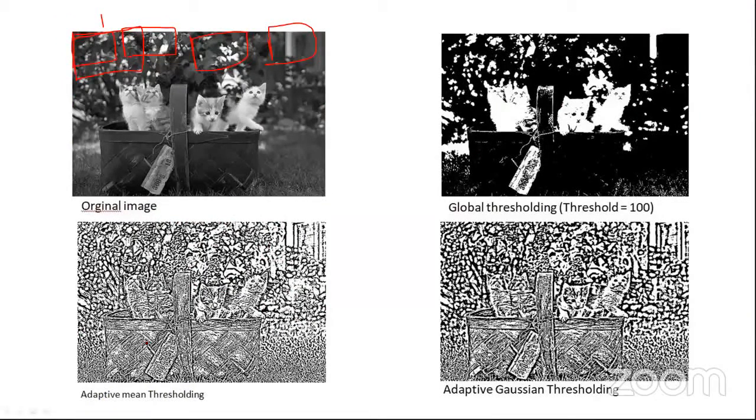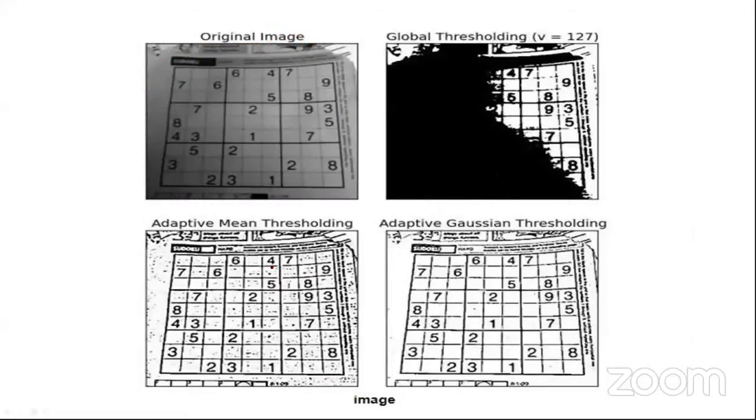This is the adaptive mean thresholding, and this is Gaussian thresholding. Here you can see the result is worse as compared to global thresholding. In global thresholding, we segmented the cat image so far, but here it gets messed up. So sometimes it works, sometimes it doesn't. It depends upon the lighting condition in an image. Here this is the original image.